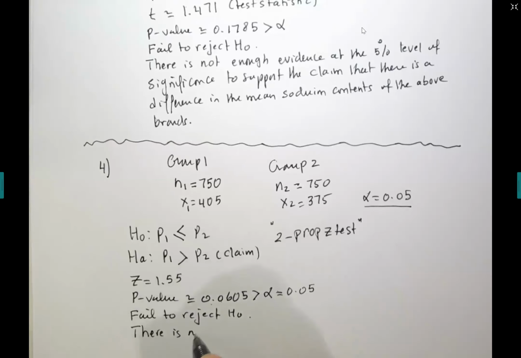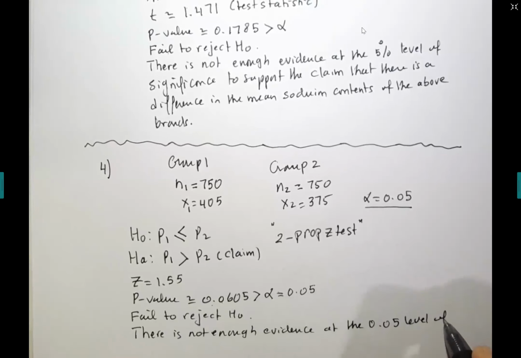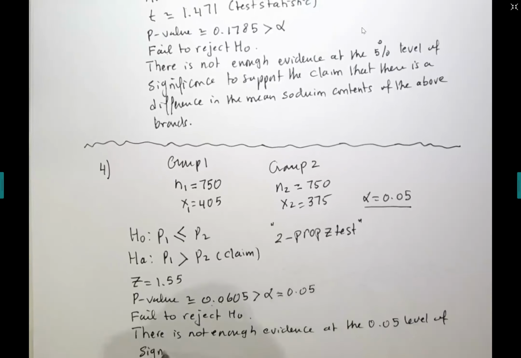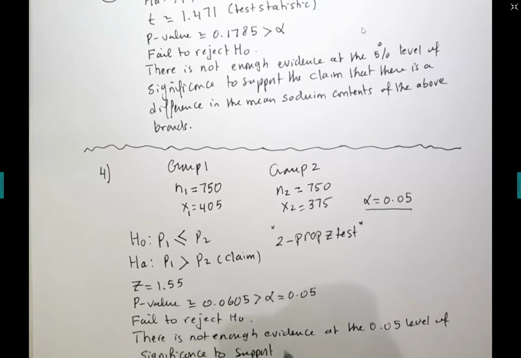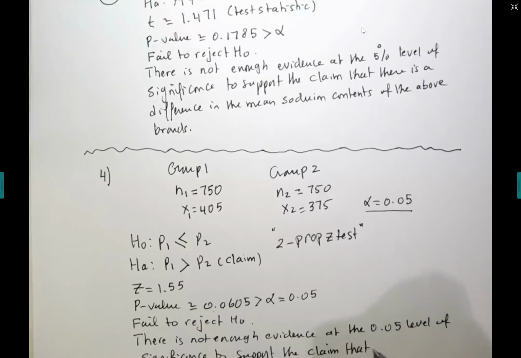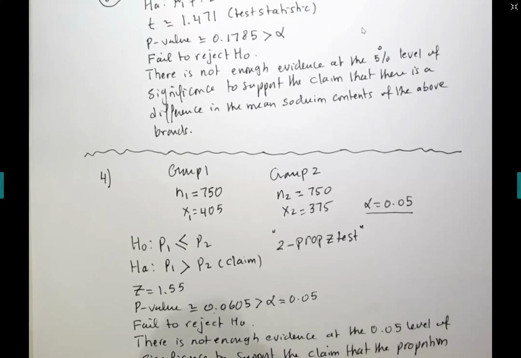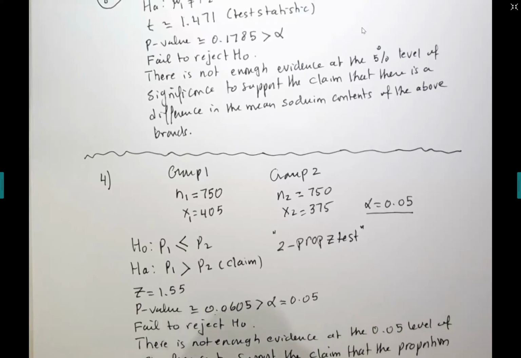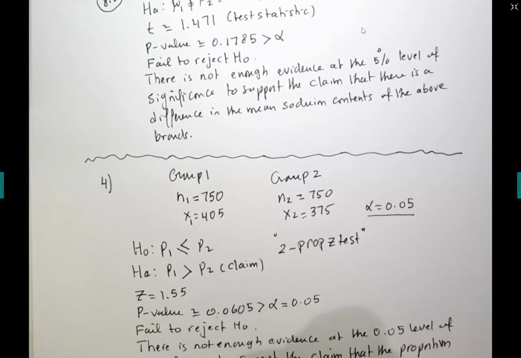There is not enough evidence at the 0.05 level of significance to support the claim that the proportion of voters who registered was bigger in group 1.